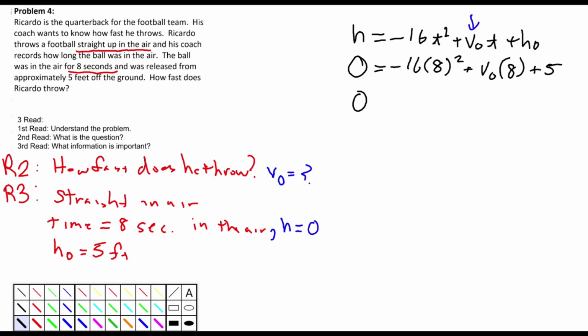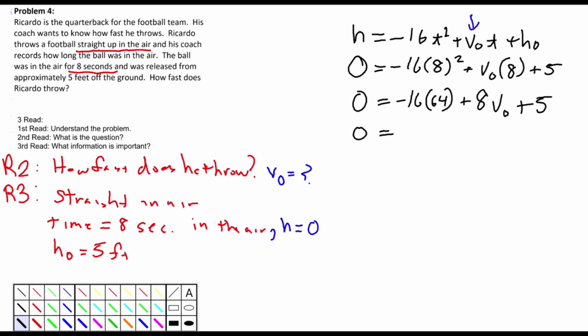So this will be 0 is equal to negative 16 times 8 squared. What's 8 squared? That's 64. Plus, I'm going to rewrite this the other way around, 8 v sub 0 plus 5. Now I'm going to use a calculator.